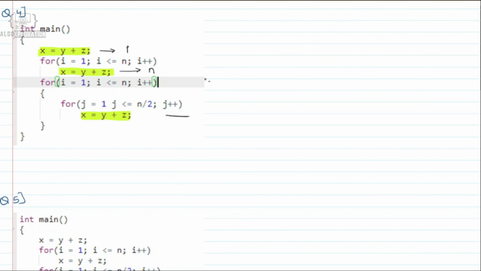This statement is under the nested for loop, in which the outer for loop is going to run n times and the inner for loop is going to run n by 2 times. Due to the nested for loop, if you multiply these two terms, it will be n square by 2.